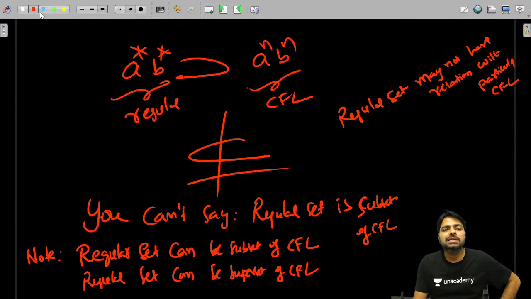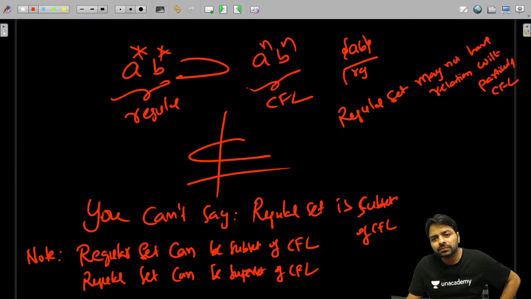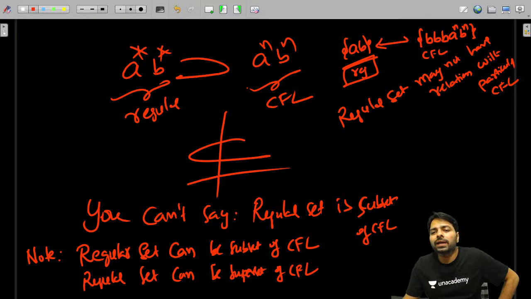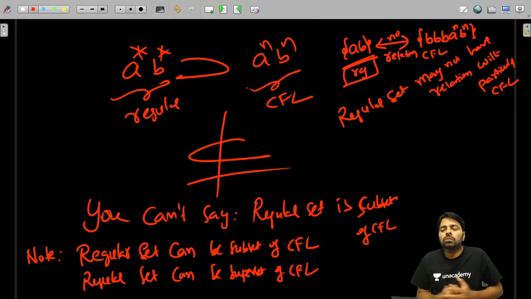Example ऐसे दे रहा हूँ. Suppose एक A रेगुलर लैंग्वेज है, रेगुलर है. Another one is B power double B, and let's say triple B, and A power n B power n. कुछ रिलेशन नहीं है दोनों में, no relation. ये रेगुलर है, ये CFL है, इन दोनों में रिलेशन ही नहीं है, relation not exist. तो क्यों? आप ही बोलो. इरेगुलर अंदर नहीं आएगा, सबसेट नहीं आएगा, इज भी नहीं.